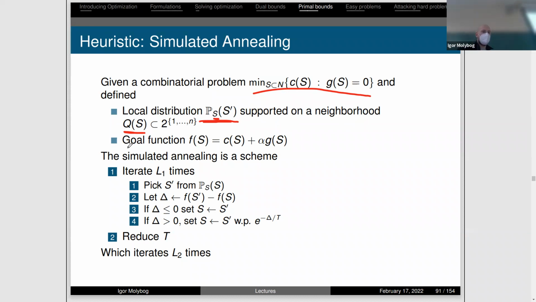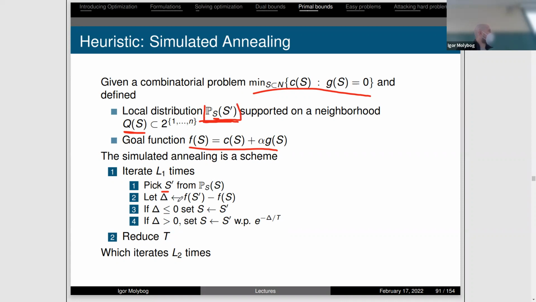So we have a goal function, which is exactly the same that we have been discussing in local search, and the simulated annealing goes as follows. We are picking S dash at random from the distribution that we have assumed existing.